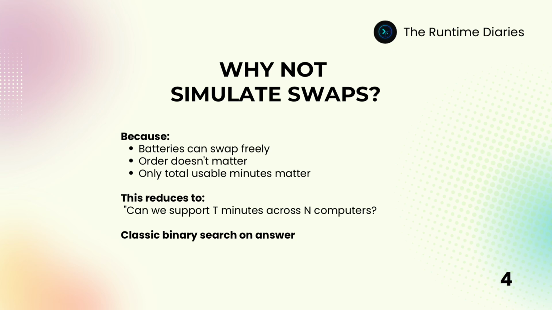Which battery goes to which computer does not matter. All of that detail collapses into one single question. Can we support t minutes of runtime across all n computers? And that means we can reason in terms of aggregate energy instead of individual assignments.